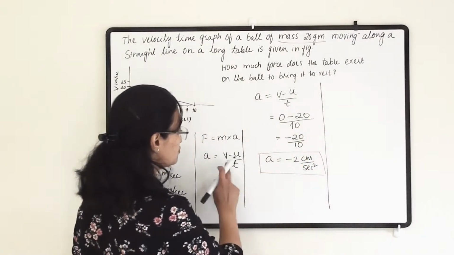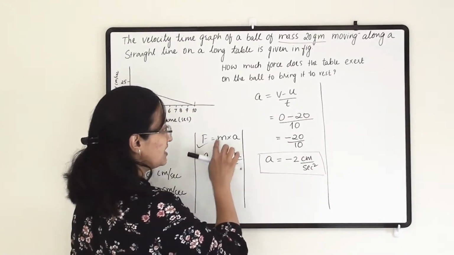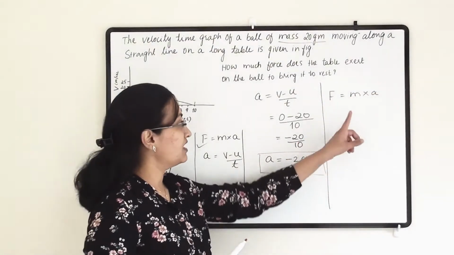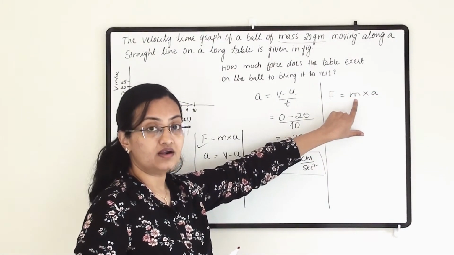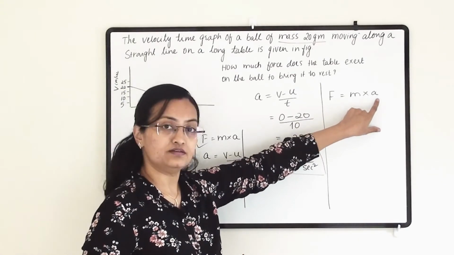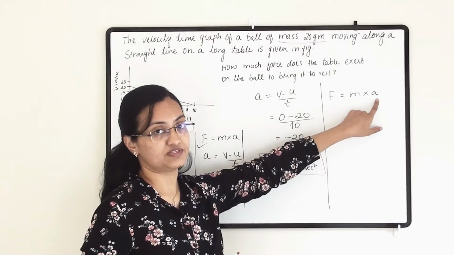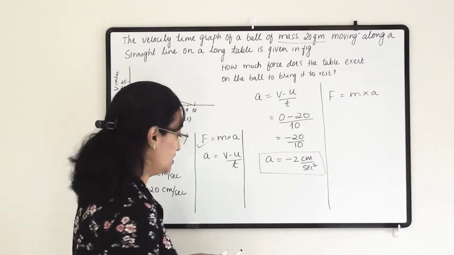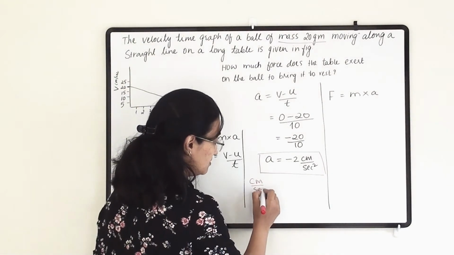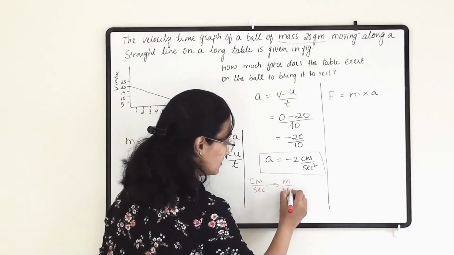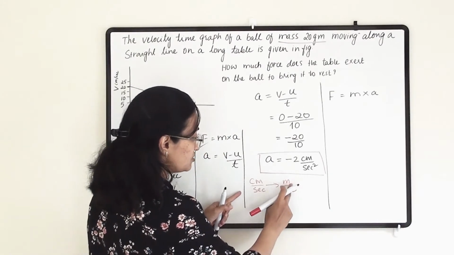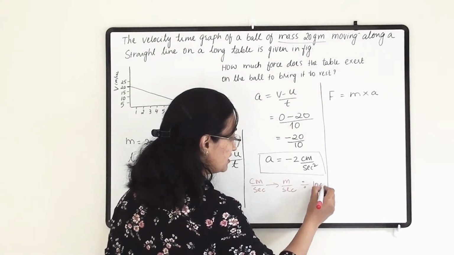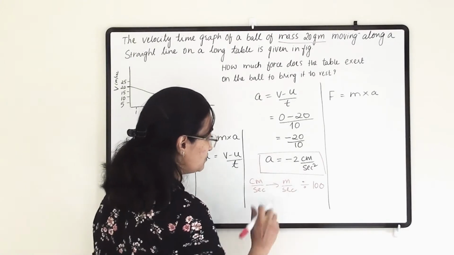We got the acceleration, so we are going to put that value in the equation F equals m into a. In this formula, the mass should be in kg and the acceleration should be in meter per second square. So we are going to convert centimeter per second square into meter per second square. The conversion from centimeter to meter is to divide by 100.